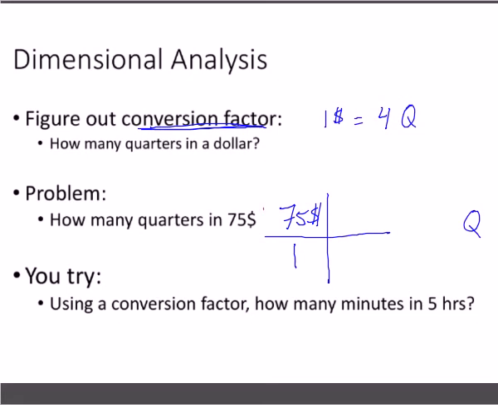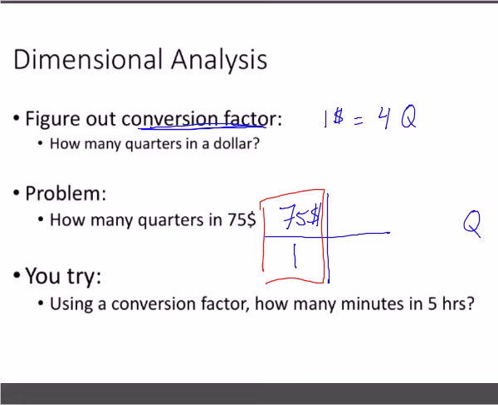So this is my first number, and I've made it into a fraction. You with me so far? Now we need to start multiplying by fractions to get to quarters. So we need to use conversion factors. Do we have a conversion factor where dollars and quarters are directly related to each other? Yeah, absolutely. We just wrote it down.